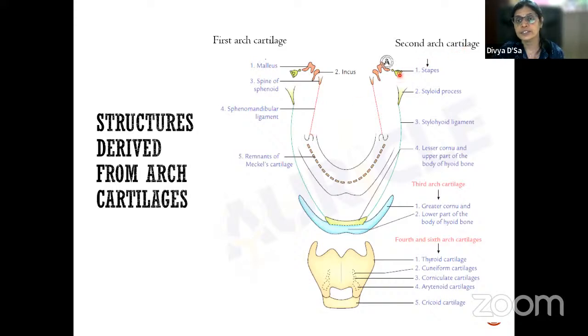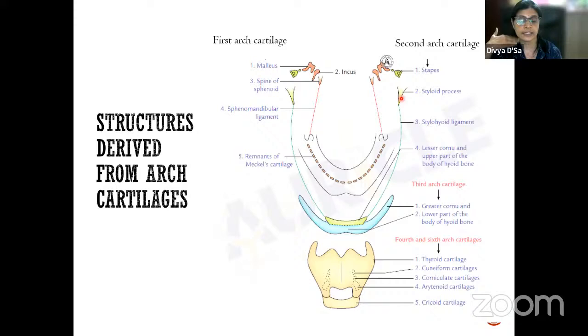Second arch, we have the stapes, the styloid process, and the stylohyoid ligament. They are formed from the second arch. In the posterior part, ossification takes place and the bony parts are formed. But anteriorly, for the first arch, we have the mandible, which it contributes to.